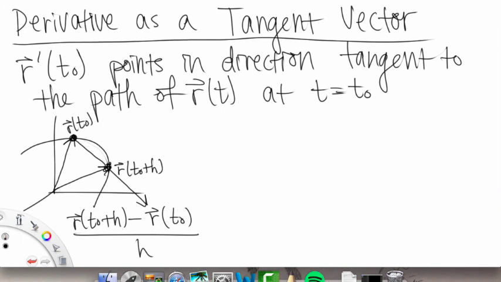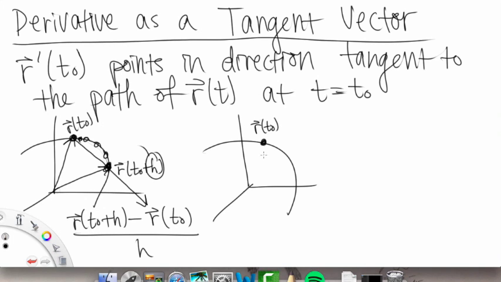But then as h goes to 0, as it gets closer and closer, we're going to start looking more or less like this. You can probably guess what it's going to look like. We have our r of t naught, that's our vector there. As we get closer and closer, let's say we're here now. That was a really bad arrow, I'm sorry. Here's our r of t naught plus h, and I'll draw another one here.